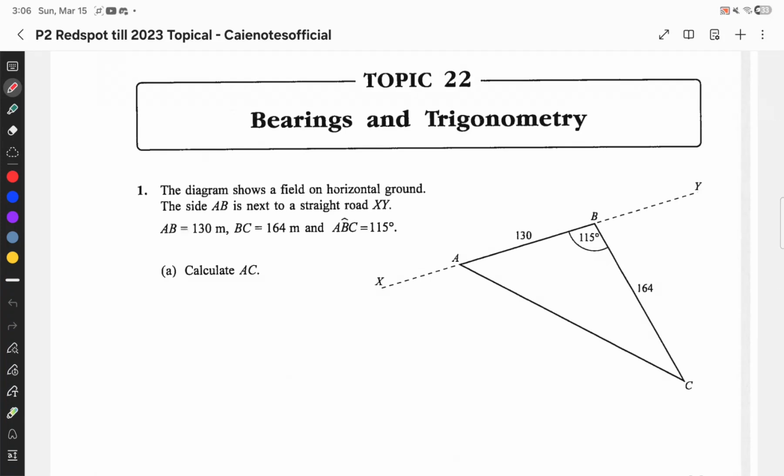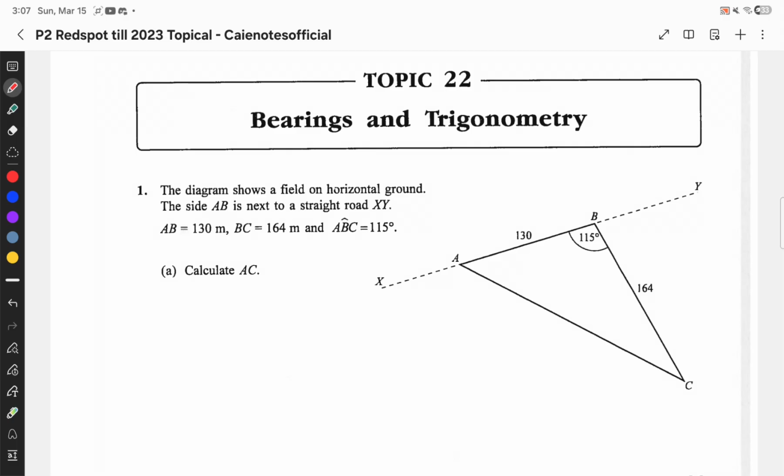Bearing and trigonometry. Now, the bearing topic is divided into three things, you can say. Bearings comes in scale drawings, bearings comes in trigonometry, and bearings comes in itself and angles of polygons.